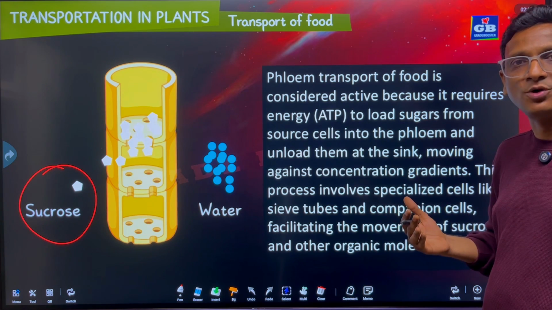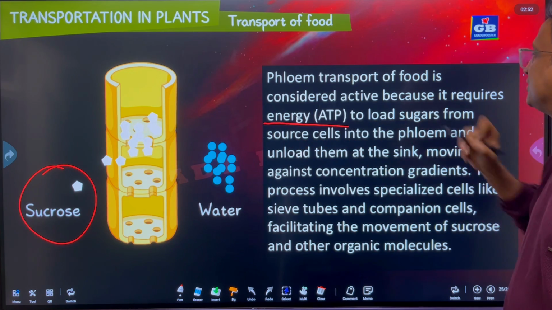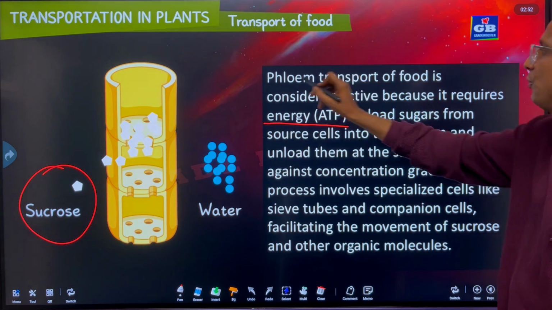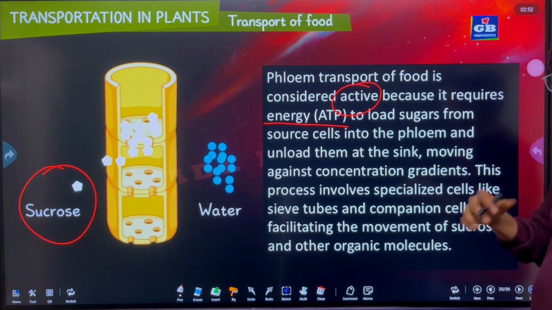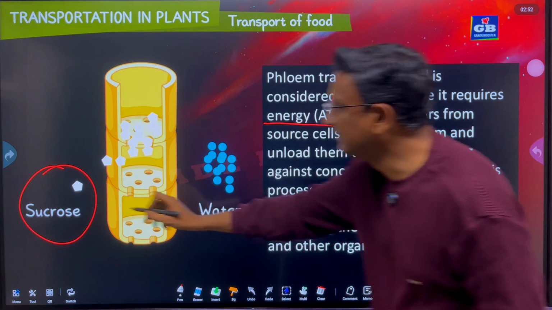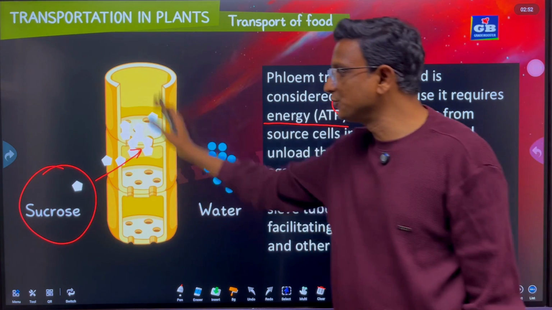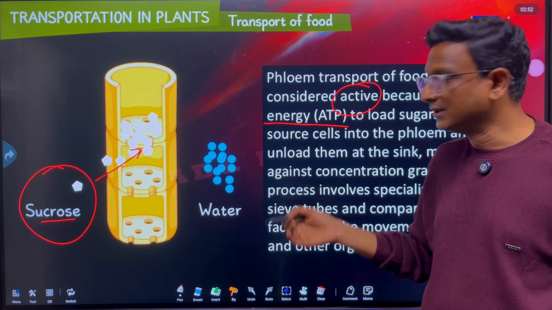Active transport means it spends ATP, some energy in the form of ATP. So the transportation in phloem is active because some ATP is spent to take the glucose into this phloem. Then how does this sucrose, this sugar move?